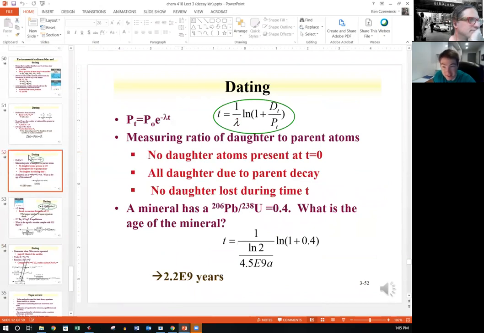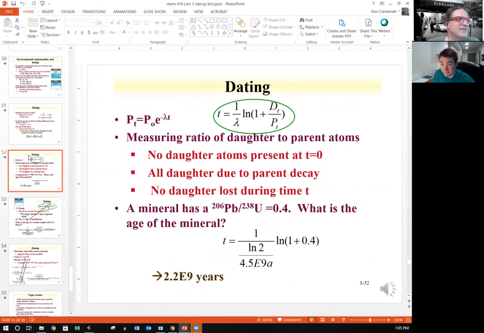Yeah. So this calculation appears simple, but as you talked about in the lecture video, it could actually be really complicated if there's more than uranium-238 there and you had other factors involved.